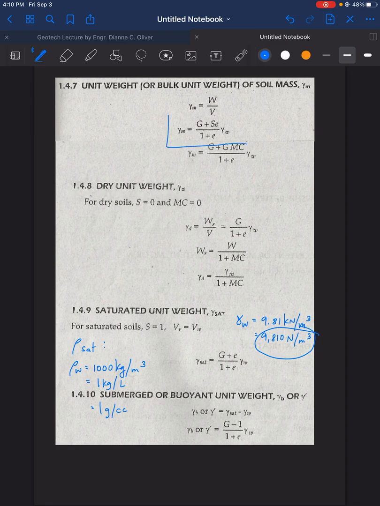Not that one, because we have moisture content. If you see there, we have moisture content here, so that we can use the value of moisture content. If we use the other one, then where is the input for the moisture content? So let's use this one.